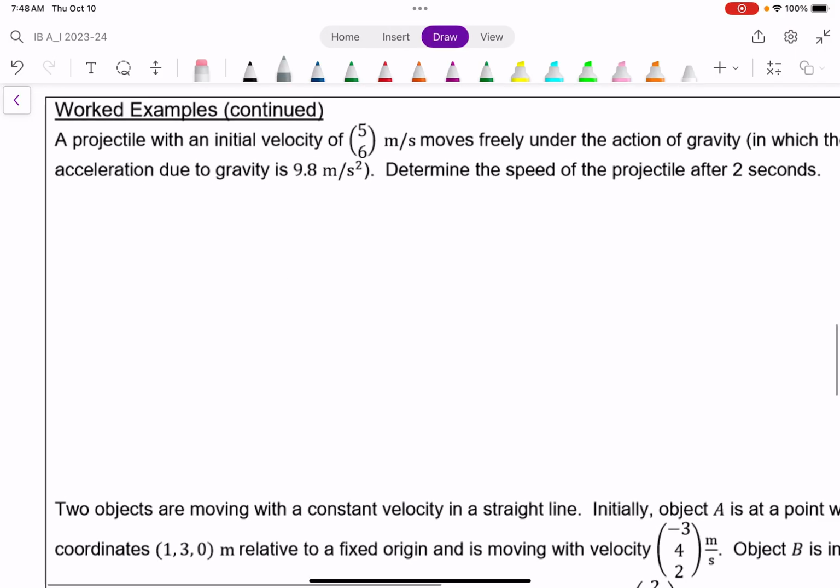If I have a quick little visual here, I have something being fired, and at the instant it's fired, its velocity is 5 meters per second horizontally and 6 meters per second vertically. So it's being fired at this sort of angle. As soon as it's fired, though, gravity starts to take charge and makes a projectile motion like this. And gravity is only affecting its vertical component, not the horizontal component.